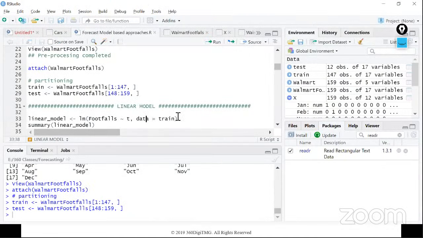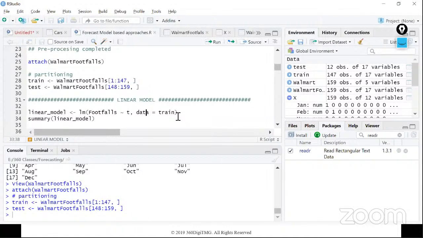So now I'm going to build a model with footfalls as the output and t as the input, and see if I can get something.